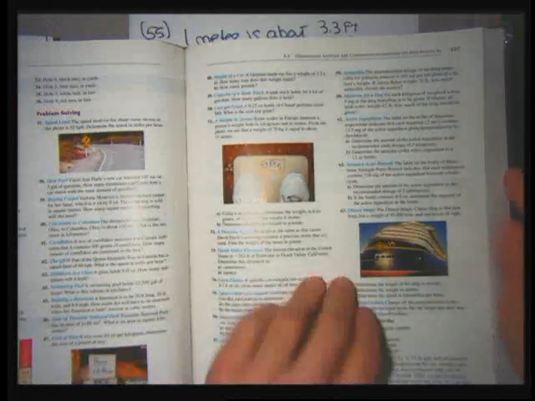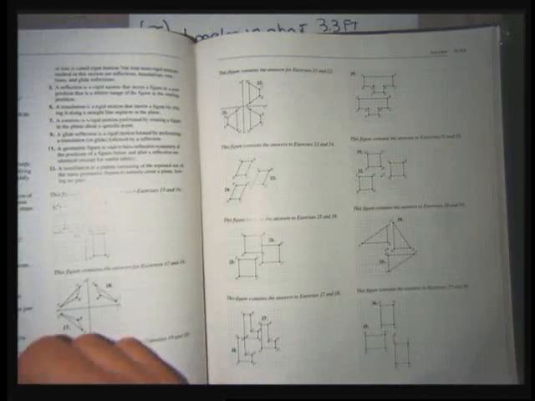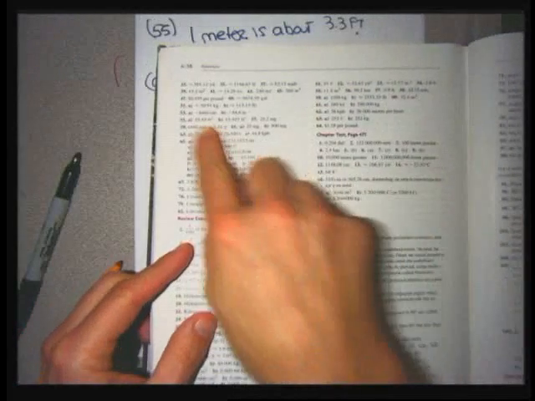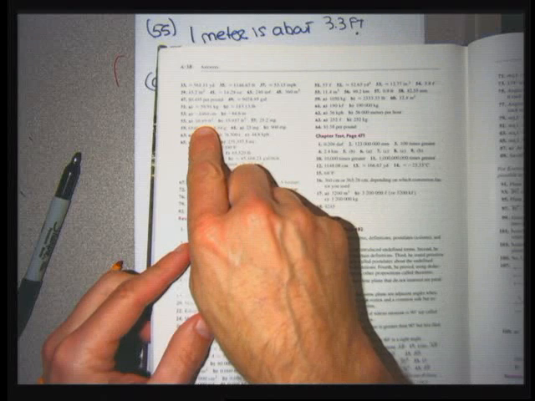So section 8.4, 55A, anytime I do an odd problem, I have the luxury of thumbing into the back of the book and searching for the page that has that answer. So 8.4, not that you can probably read this, but 55A, the author gives me 10.89 square feet.